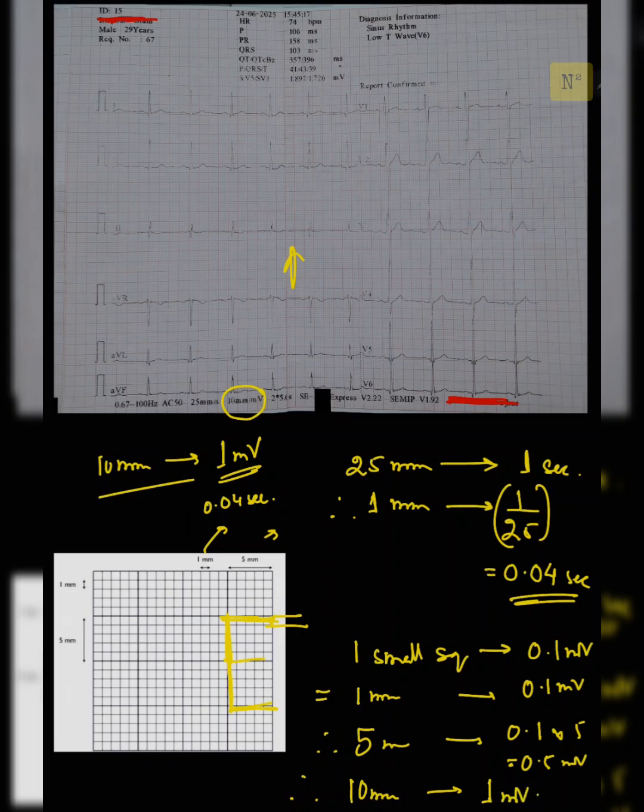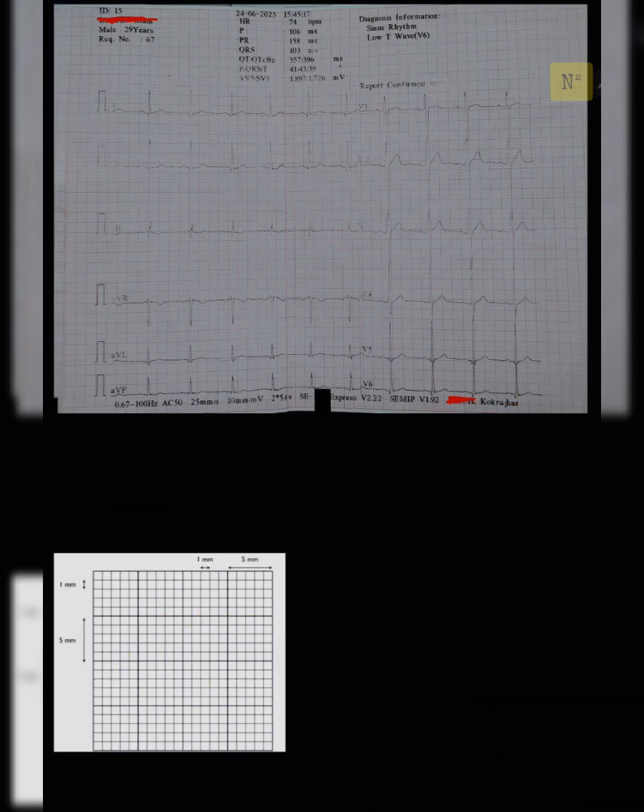That is what the machine is detecting. If you get a curve having this much height, it will note that height to be 1 millivolt. So that's the y-axis for you. So we now know the x-axis and the y-axis.